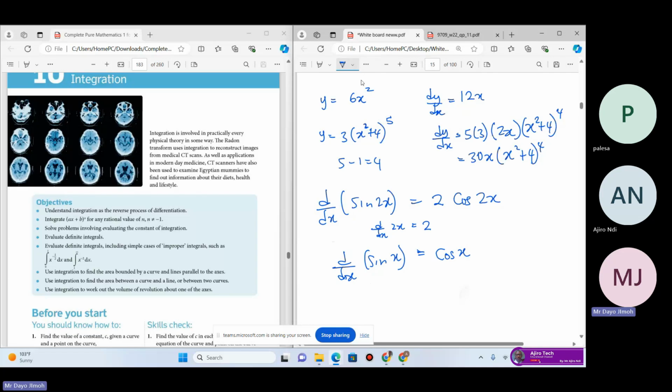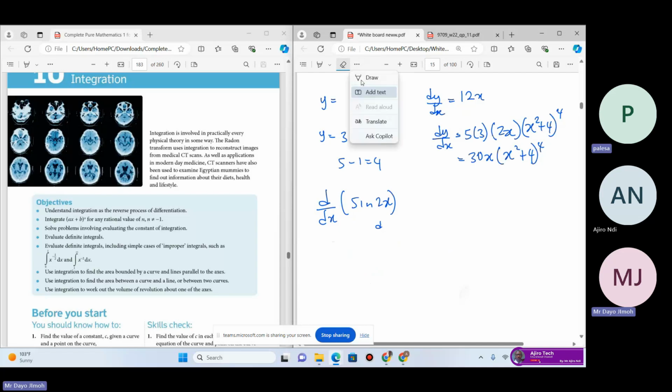Okay, I think I need to touch this a little bit. Let me just show you the process briefly before we move on. Now, I want to find the derivative of sine 2x. To solve this, I will let 2x be equal to u.